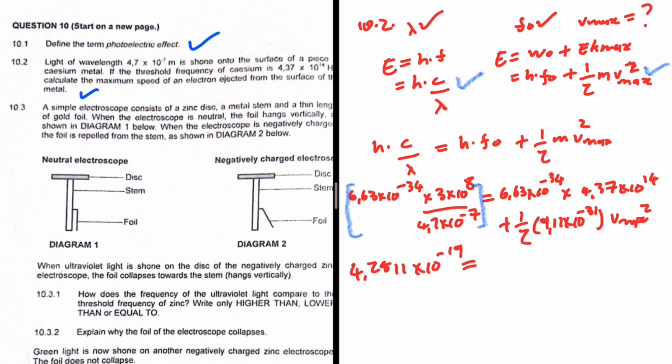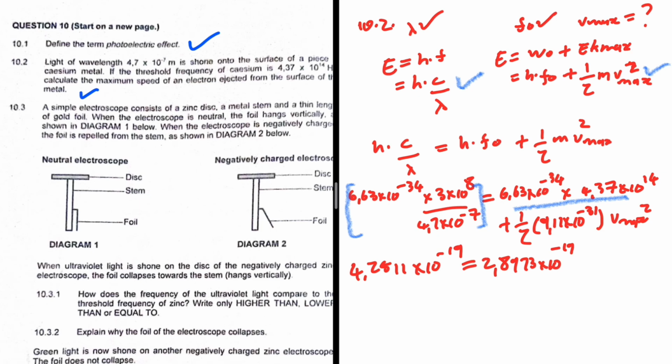This is equal to, so now let's substitute these in the calculator. 6.63 times 10 to the minus 34 multiplied by 4.37 times 10 to the power 14. Yes, I'm just verifying to see if I'm substituting the right thing. So this is 2.8973 times 10 to the minus 19.